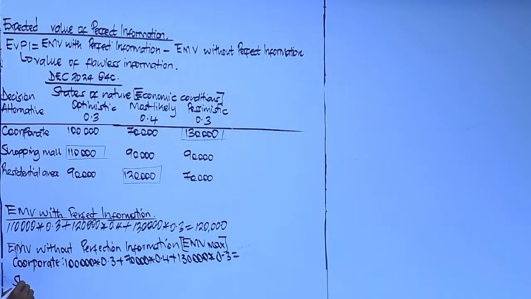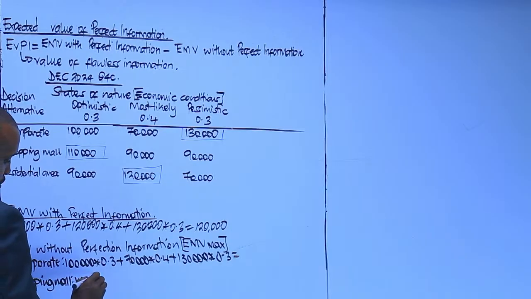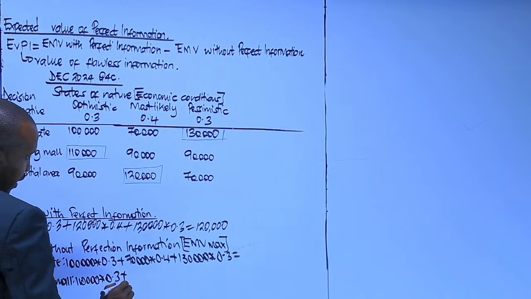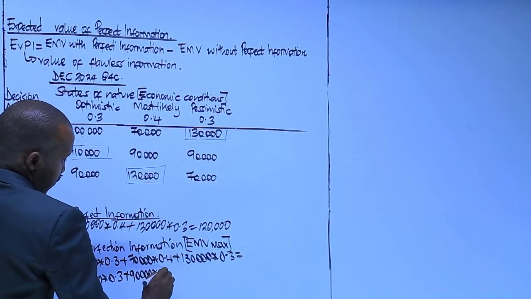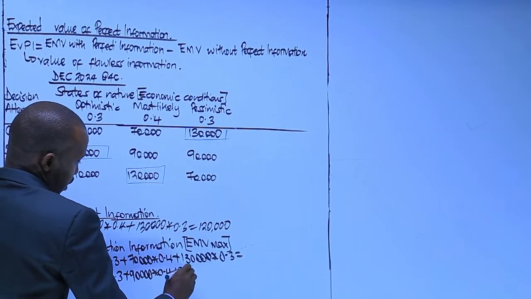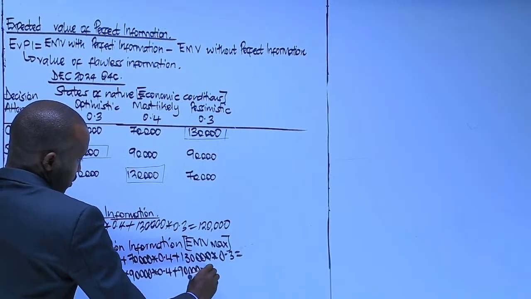Then shopping mall, 110,000 by 0.3 plus 90,000 by 0.4 plus 90,000 by 0.3.